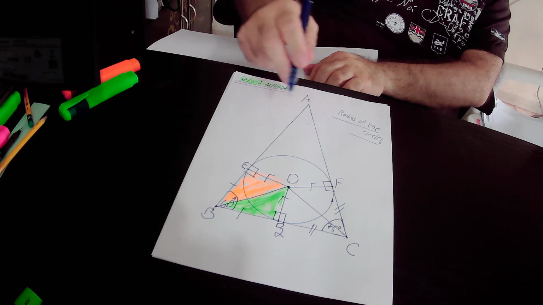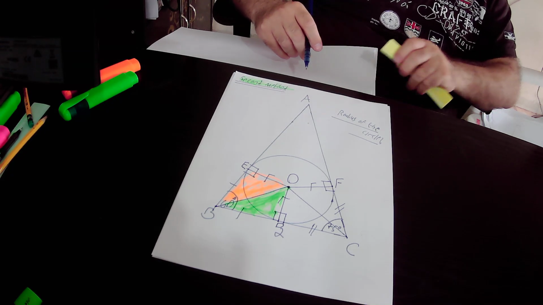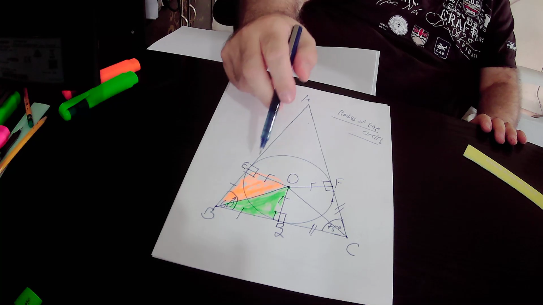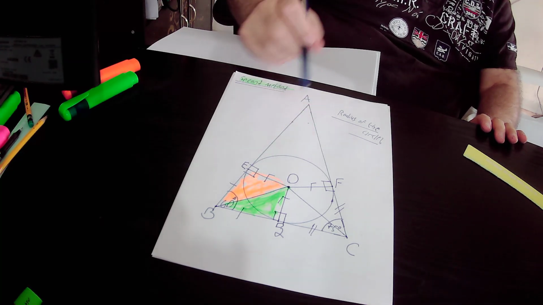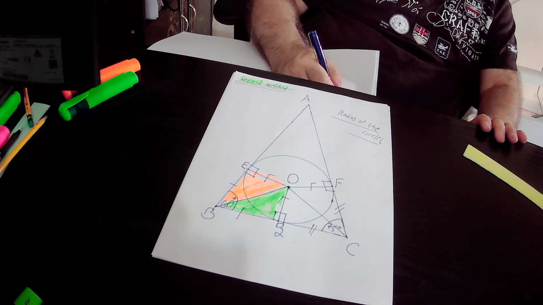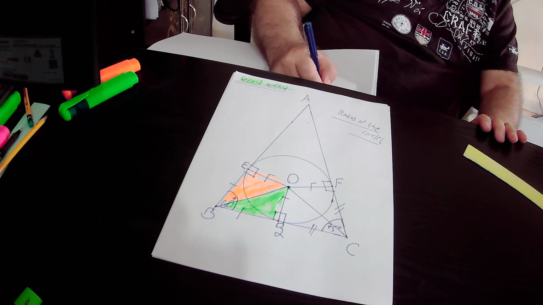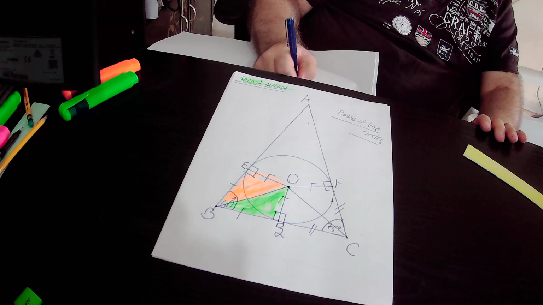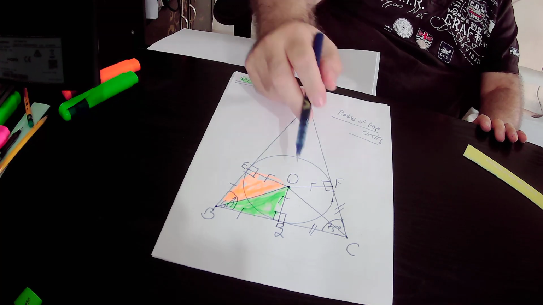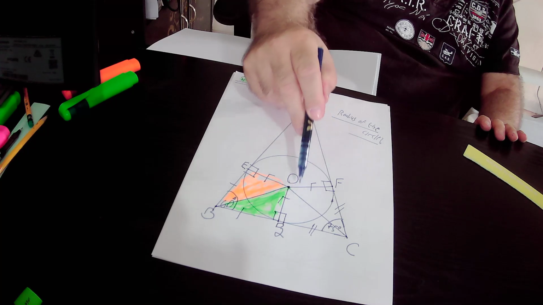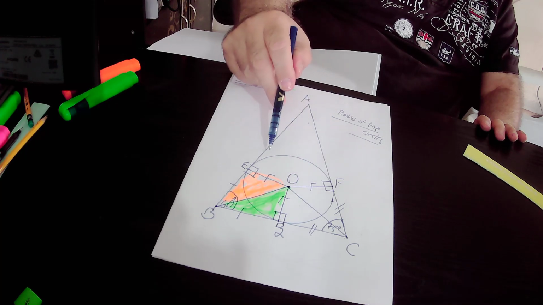So why is the green triangle congruent to the orange triangle? First of all, we just found out that side BD of the green triangle is equal to side EB of the orange triangle. So you can write down that BD equals EB according to rule number 2. In addition, DO equals OE.